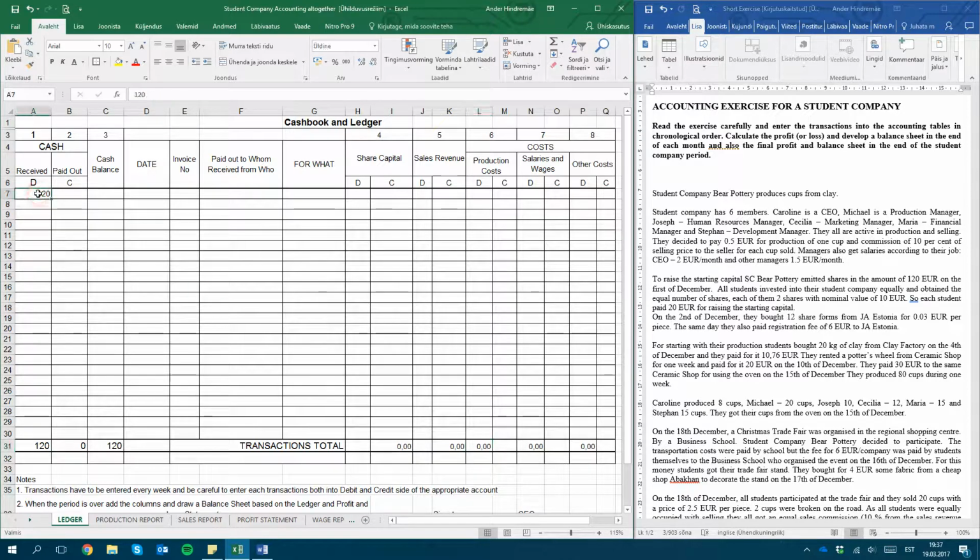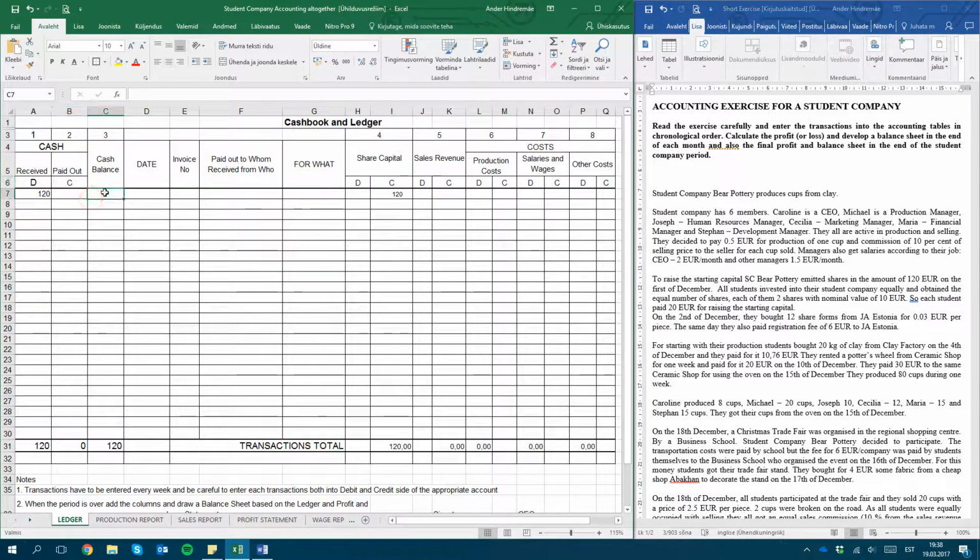But again, back to here. Whenever we debit it, we need to also credit the same thing somewhere else. And obviously, as this cash that came in is from share capital, we're going to credit it over here. Simple as that. Every debit has to find its credit, and every credit has to find its debit from another account associated with the money coming in or going out.